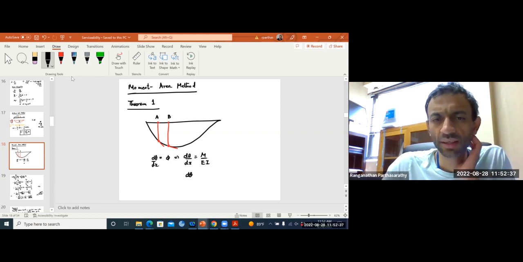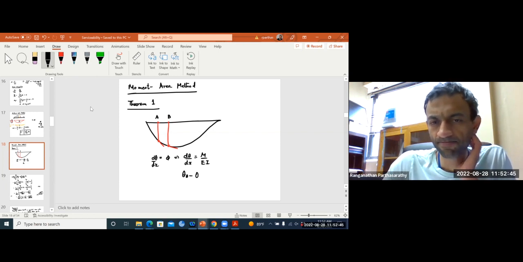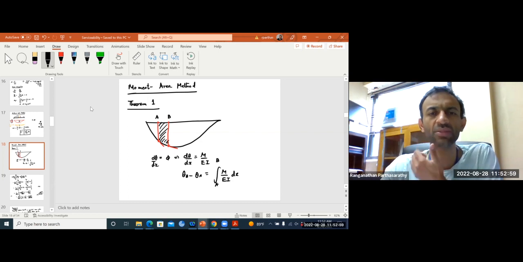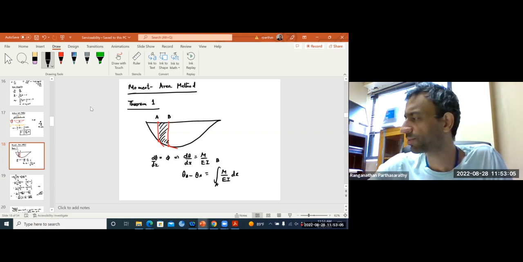So if I want theta B minus theta A, this is integral of M by EI dx from A to B. That is nothing but the area under the curvature diagram giving you the change in angle between two points A and B.